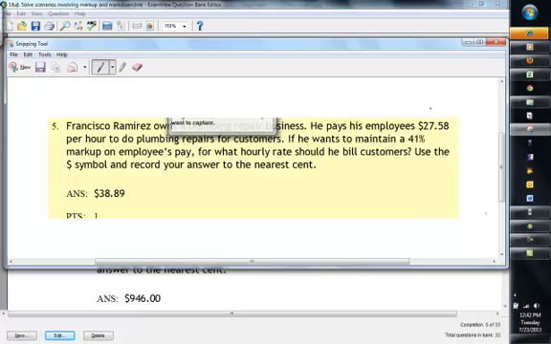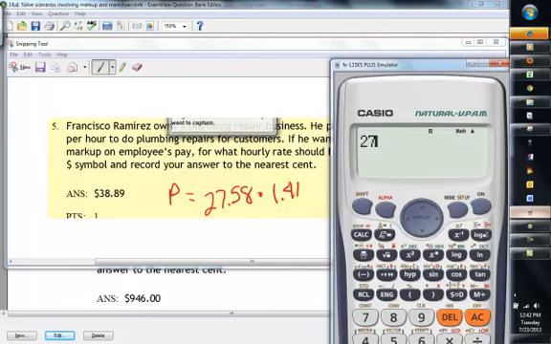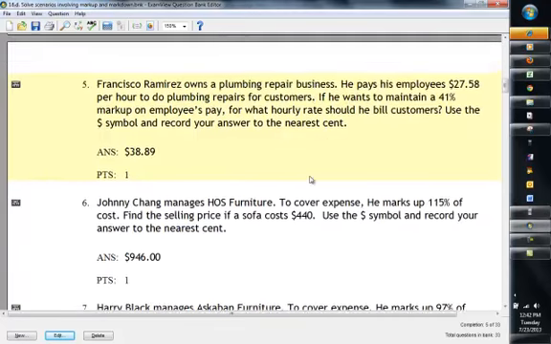So this is the base, all right? So the part will be $27.58 times 1.41 because it's 41% more, 41% markup. $27.58 times 1.41 gives us $38.89.